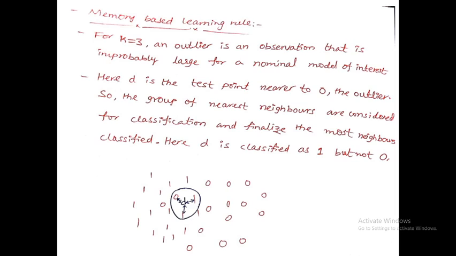Here I have taken only a small sample size, but let us take some 20 values, in which only 1 is 0 and the remaining are all ones. Even though your X test vector is near to the 0, what is the probability of the X test value?